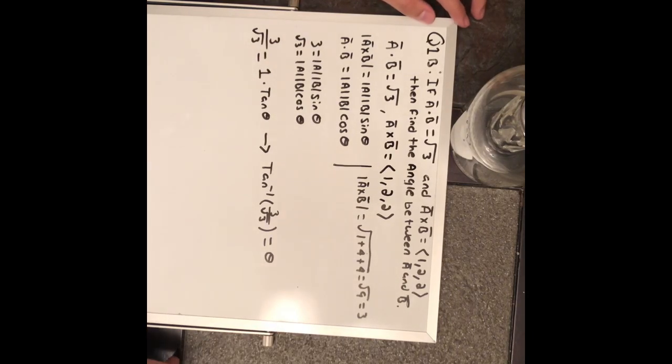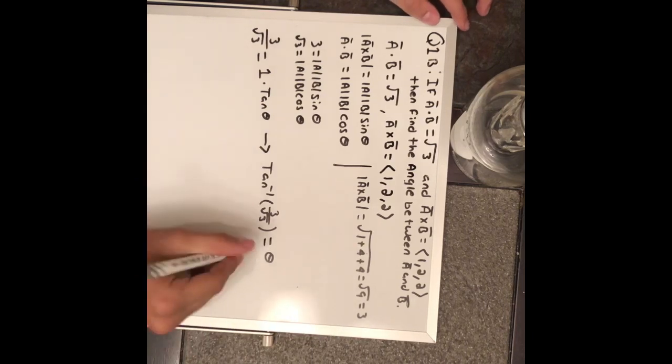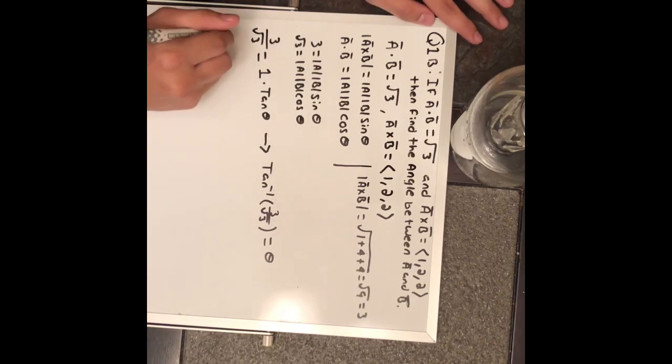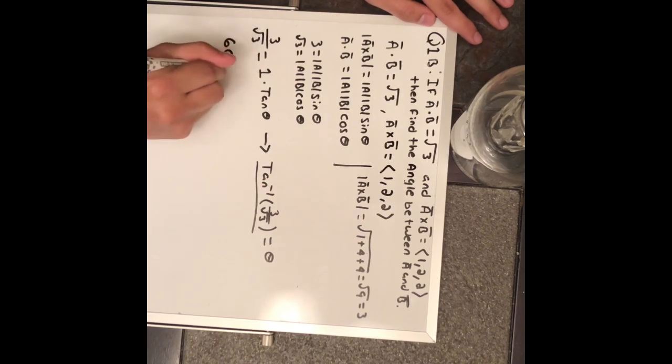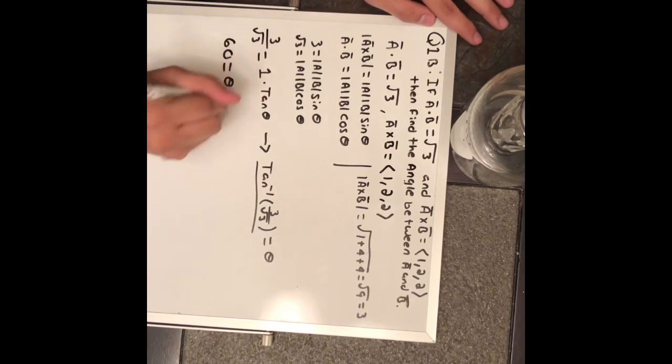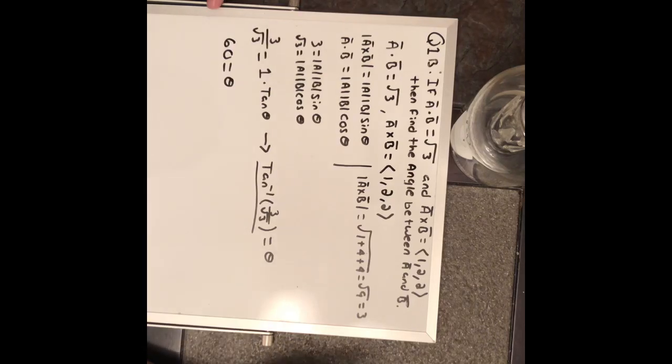So here you should probably pull out your calculators, and once you do, you'll find out that this is equivalent to 60, which is equivalent to theta, which means that 60 degrees is your theta in this problem. And this is how we can utilize the dot and cross product identities to solve for this problem. Thank you.